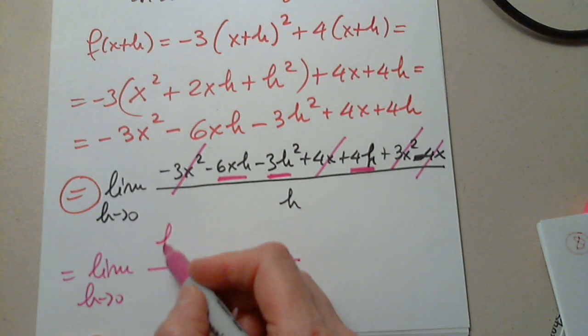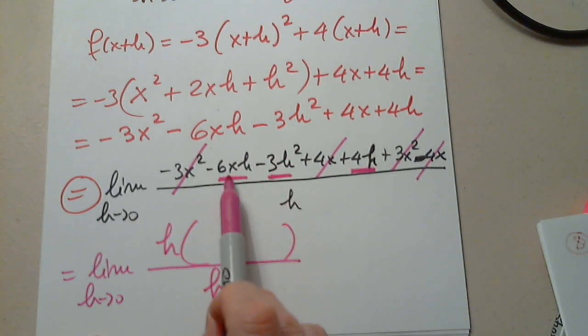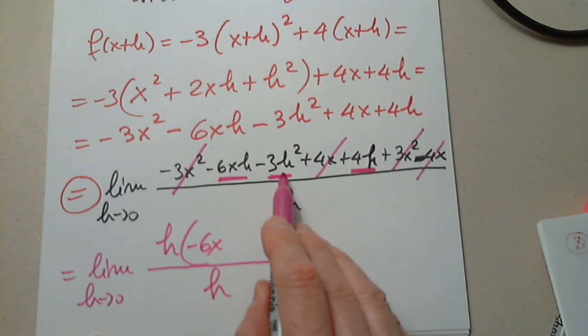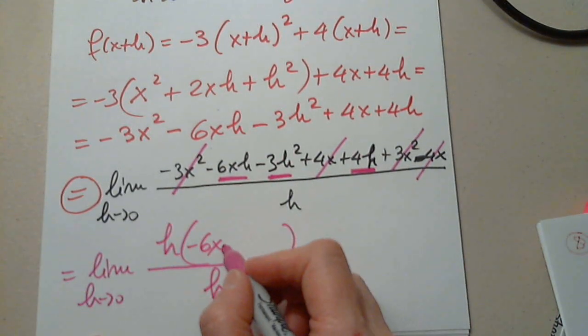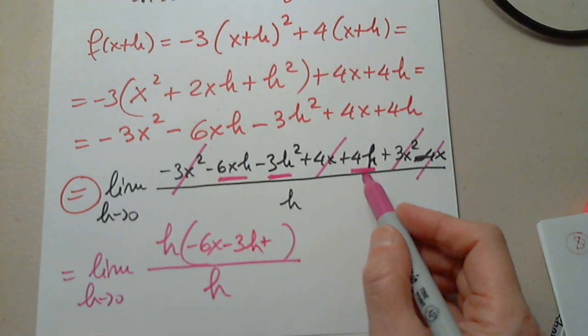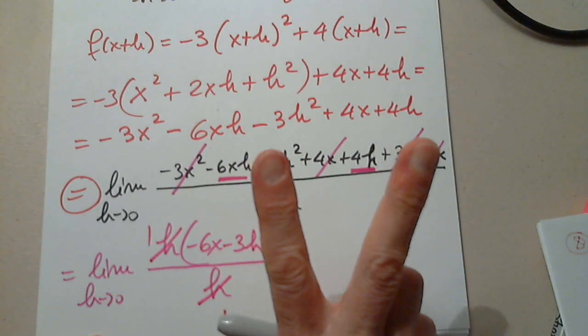Take away the h. Yes, indeed. Factor first and then simplify. Good. What is left here? Negative 6x. What is left here? Negative 3h. Very good. And here? Plus 4. That's it.